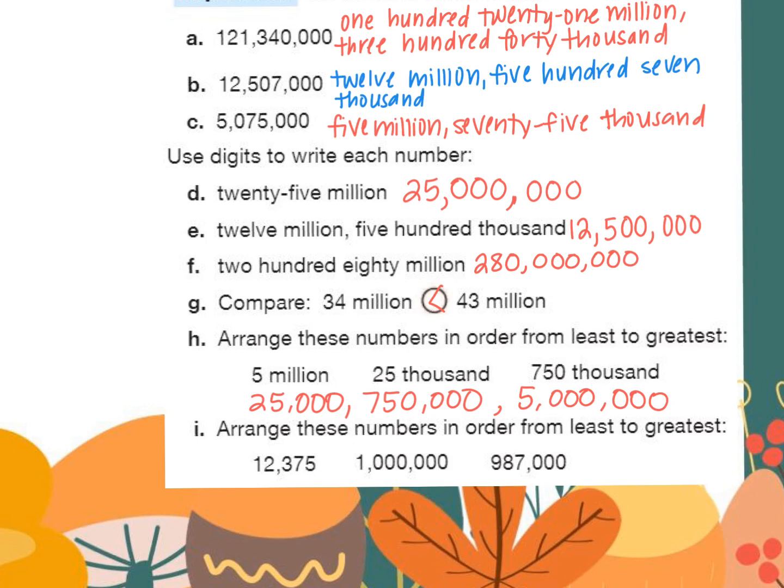Very good. And then arrange these from least to greatest. Least is 12,375. Next, 987,000. Then 1 million.